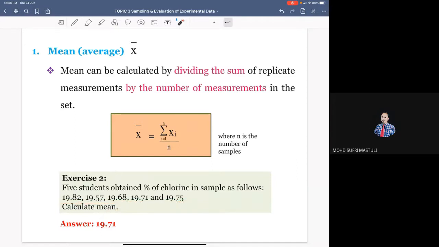What you have to do is the addition, the sum of these five values, and then divide it by the number of values, 5: 1, 2, 3, 4, 5, and then you can obtain the answer.